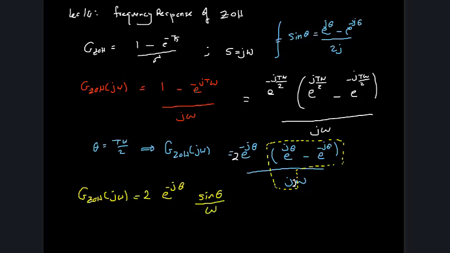Now here I can multiply by T, so I can rearrange it to be T exponential of minus j theta sine theta over (omega T over 2).